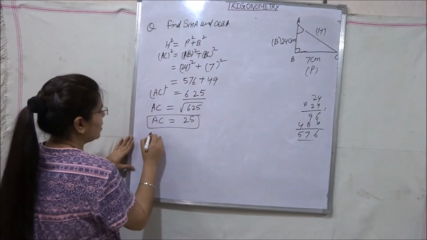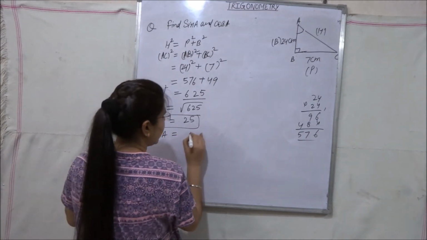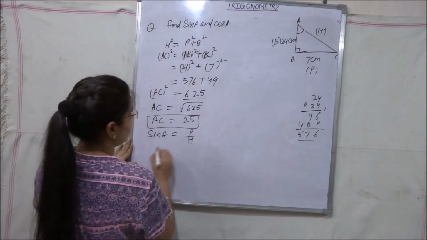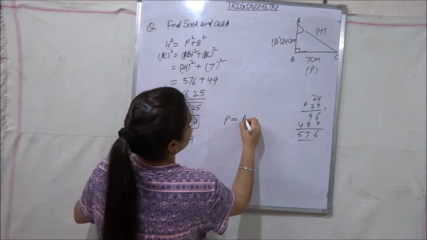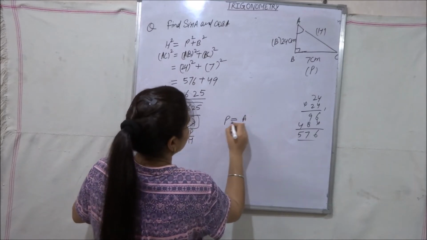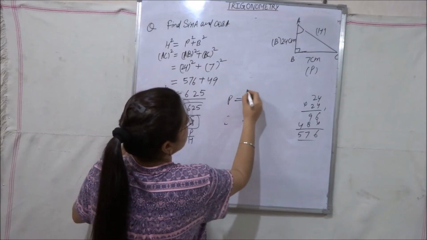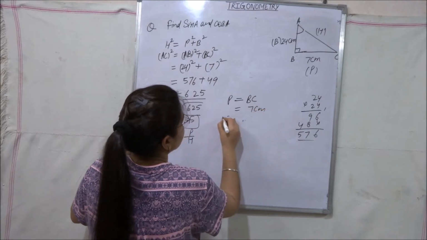Now we want to find the value of sin A. Sin theta is P upon H. So our perpendicular is BC, which is 7 centimeter.